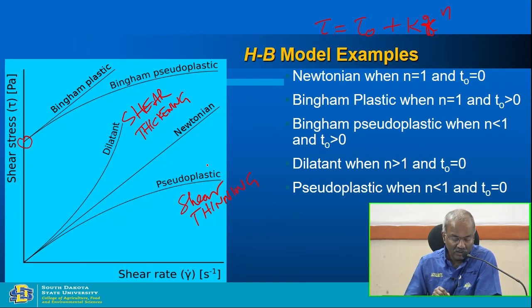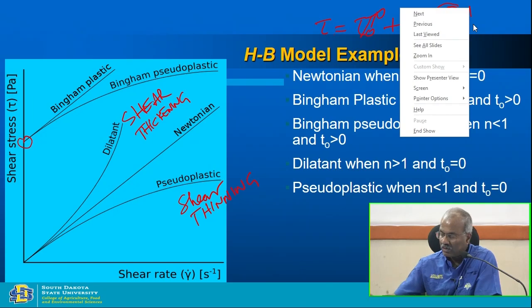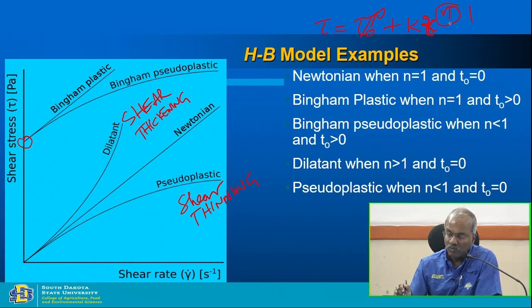So these fluids don't have the yield stress, so this is 0 for these 3 fluids, right? And for Newtonian fluid, N is 1, so we get shear stress equal to K times shear rate, so K is the viscosity.